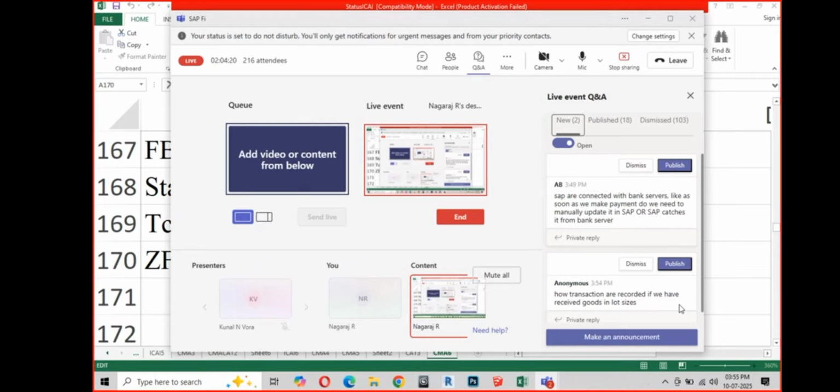Can I have more clarity on this question? You mean to say today I receive 10 kgs, tomorrow I receive 10 kgs, day after tomorrow I receive 10 kgs? Is that what you mean? Okay, no new questions. Fine.